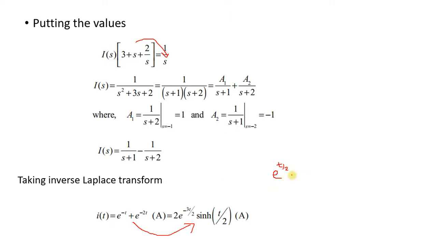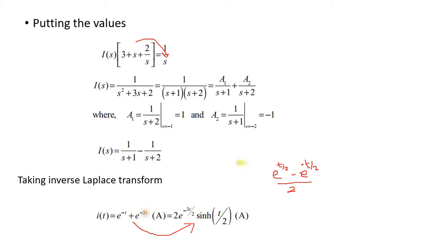minus e power minus t by 2, divided by 2. Here 2 is not present, so the 2 is multiplied here. This e power minus t and e power minus 2t is modified like this.